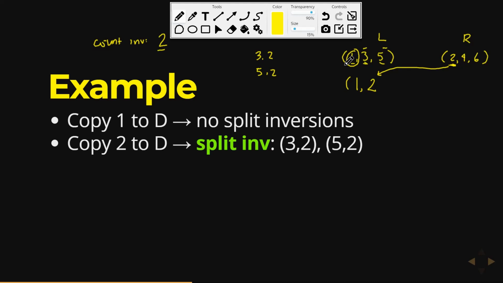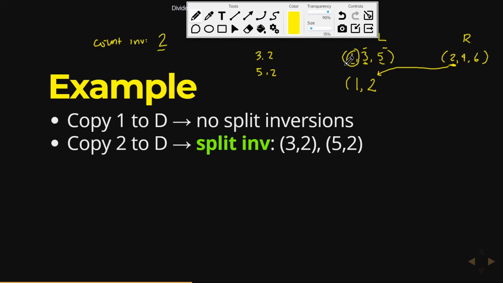Excluding 1, since we've already copied it down, there are 2 left. So plus 2 to our inversion count. Now, how about 3 versus 4? We'll copy 3, and we won't update anything because it's already in the left part.